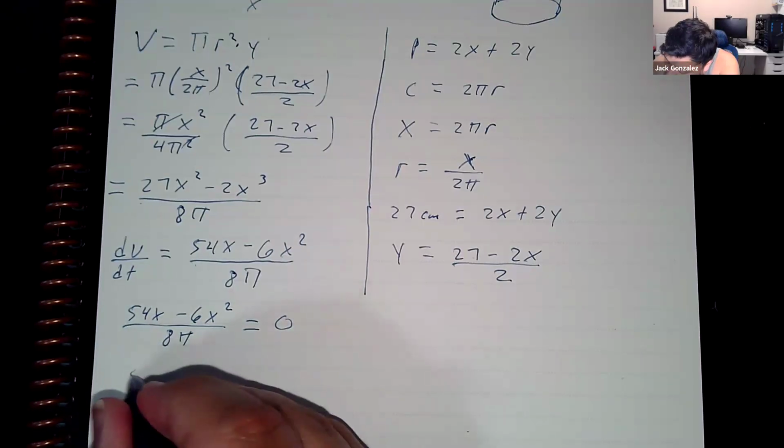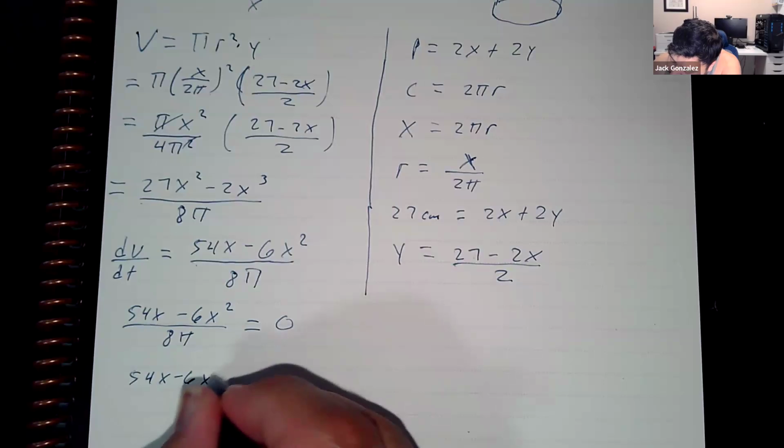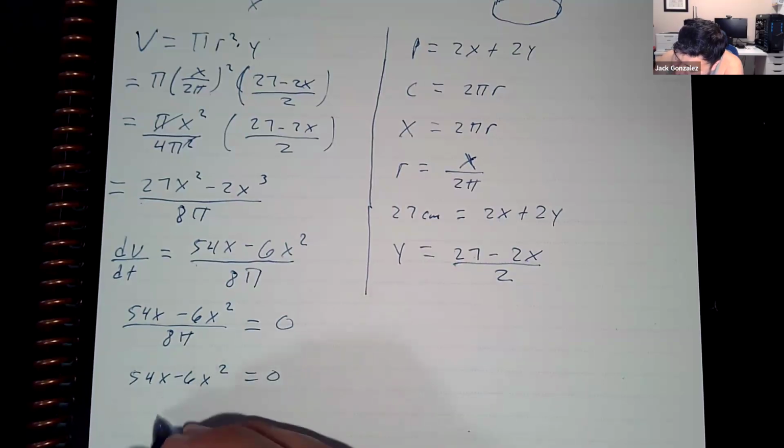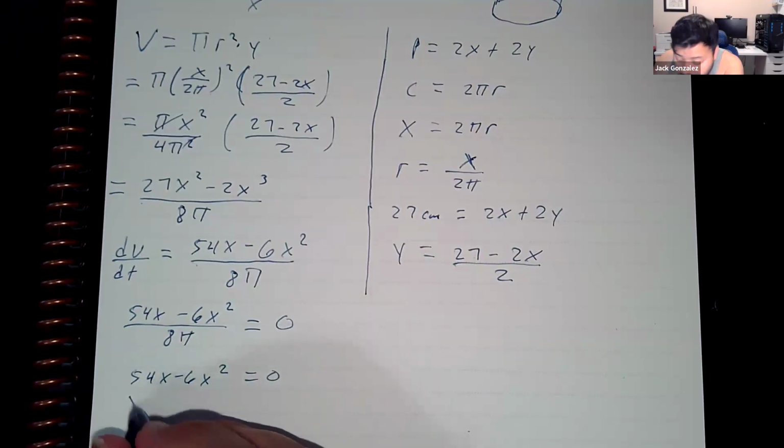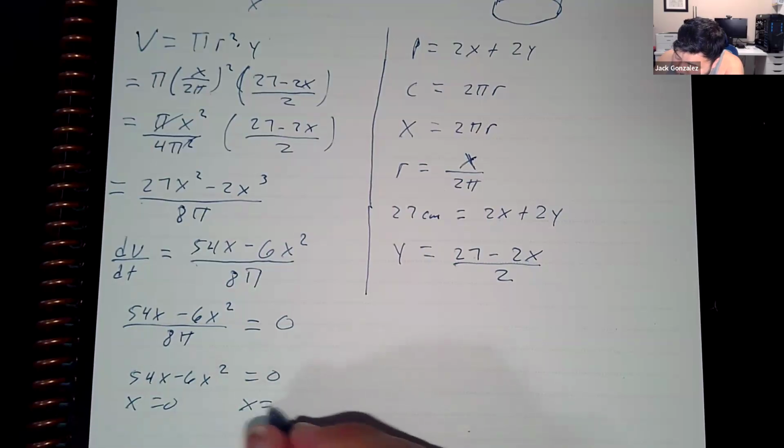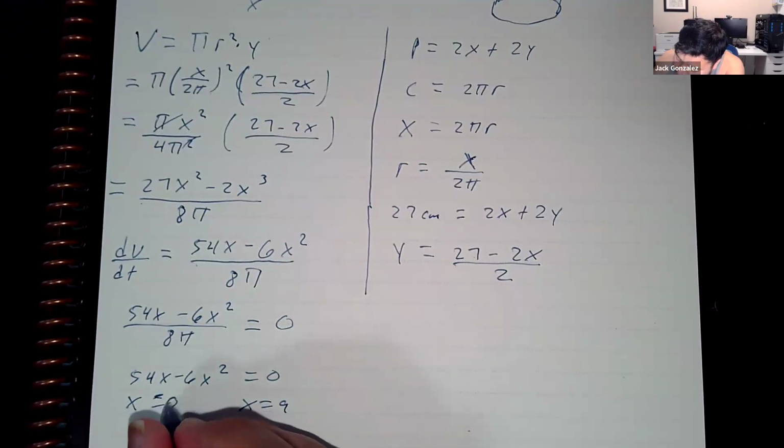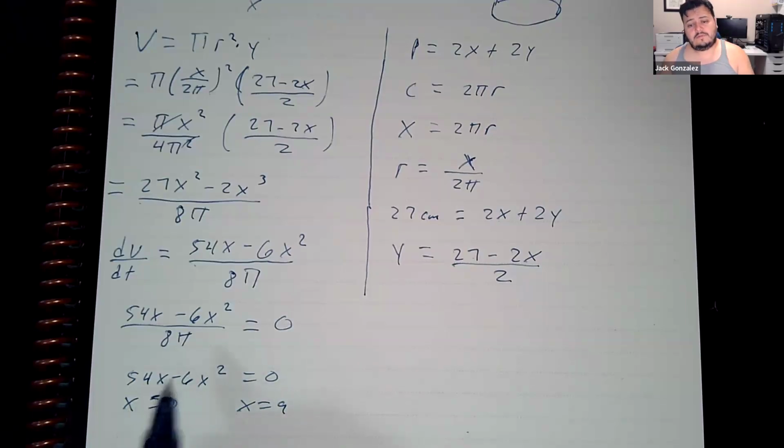All right. So 54x minus 6x squared equal to 0 implies that x is going to be 0 and 9. I'm going to skip a step here, I'm kind of low on time. Just solve for x here. Nothing crazy. So that's the x dimension that will maximize your volume. One of these. Which one should we pick?